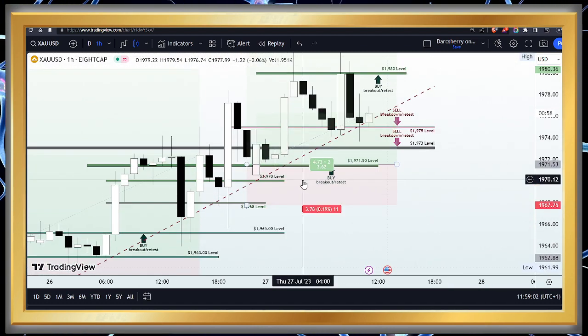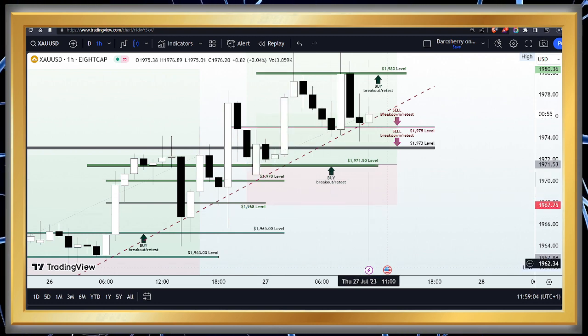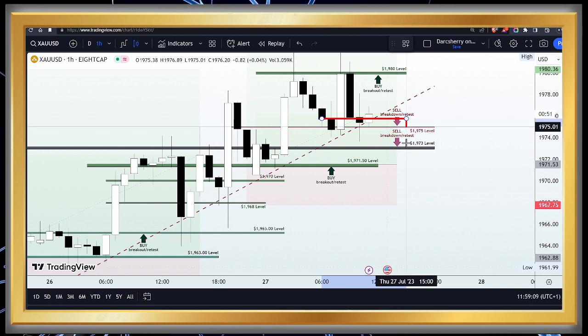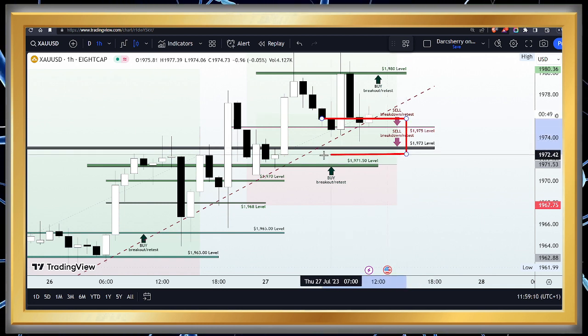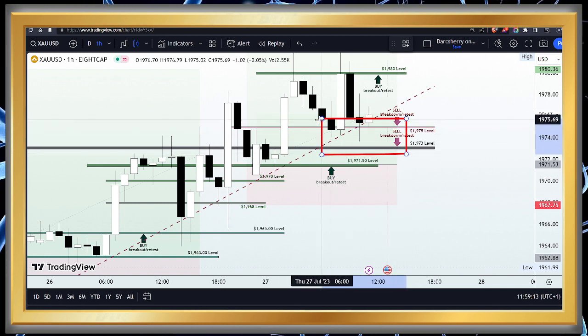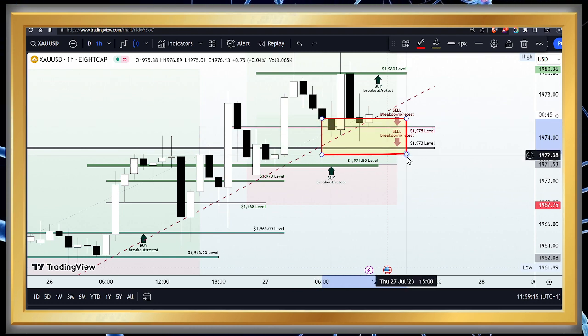So I'm of the opinion that anywhere below the 1975 and the 1973 seems most appropriate to lock in this position, as of course we need to give room for price action to breathe.